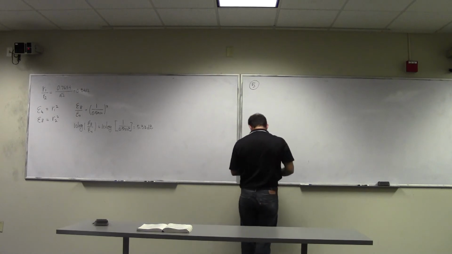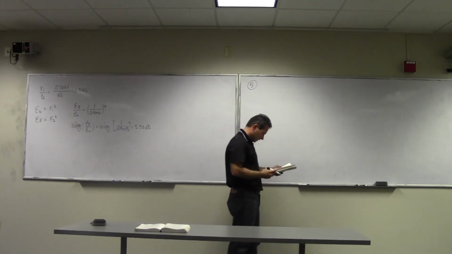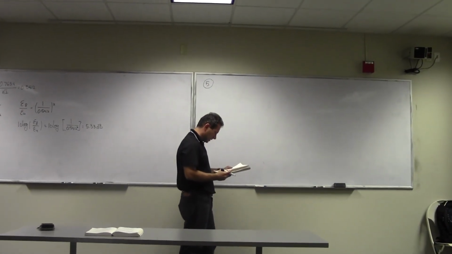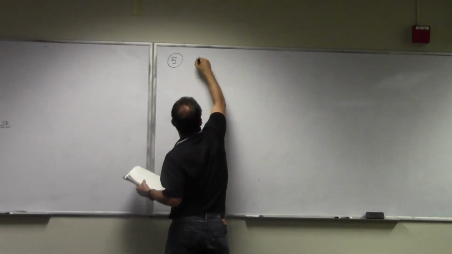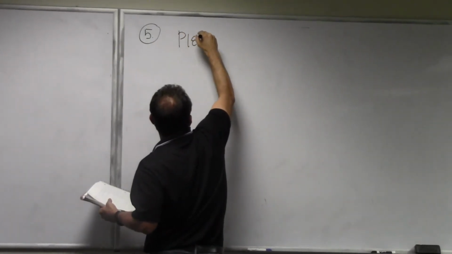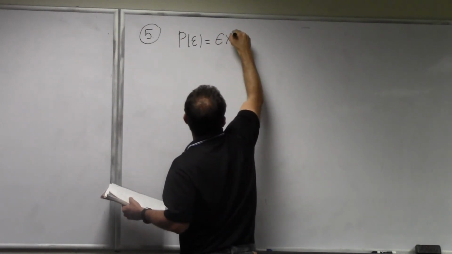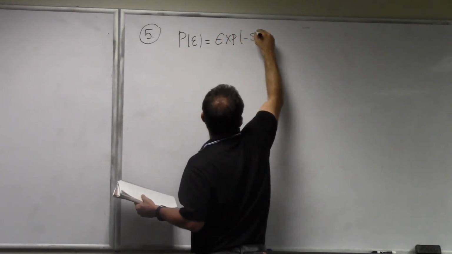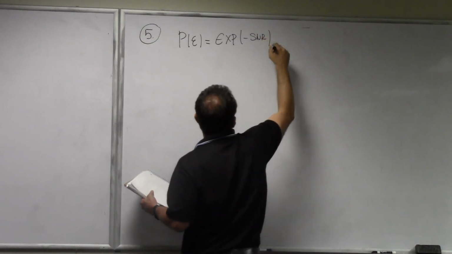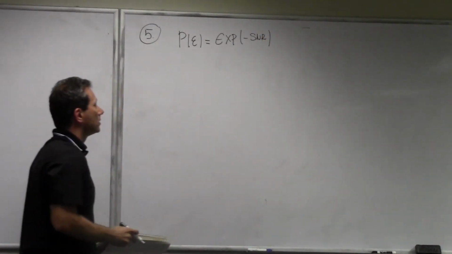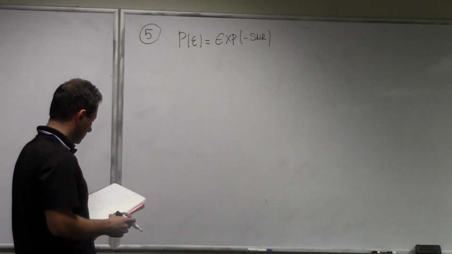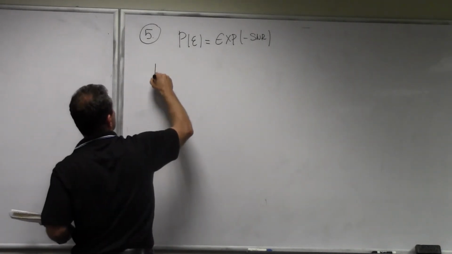It says consider a digital system with probability of error given by this. Probability of error is given as e to the minus signal to noise ratio. Right, so that's the waterfall curve that's characteristic of this signal.